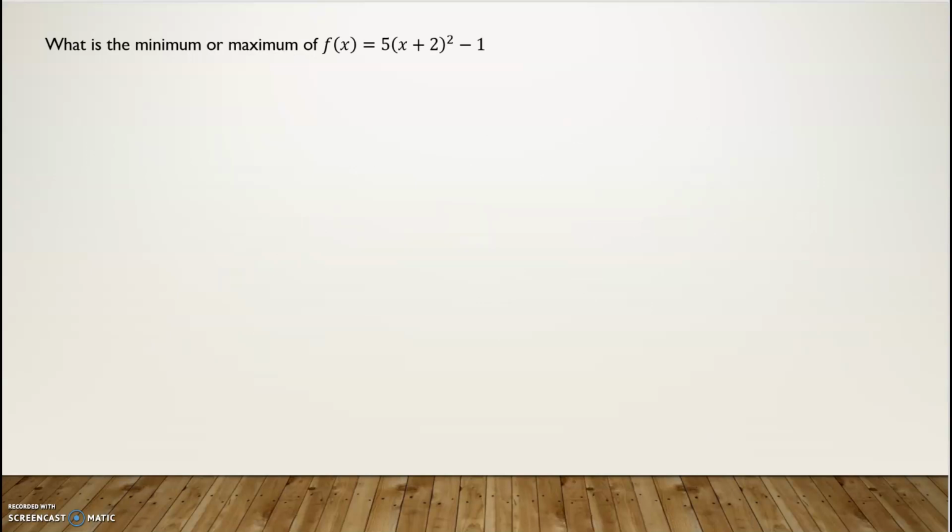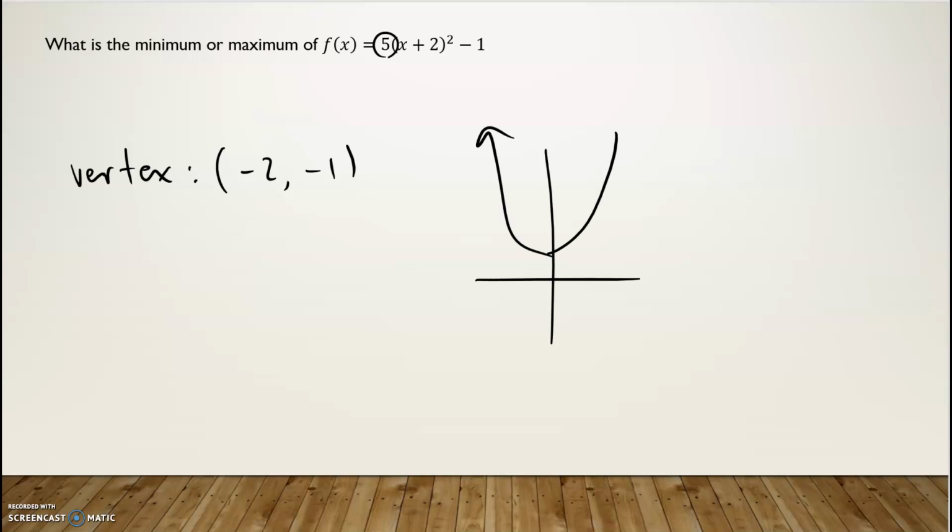So we need to find our vertex. Okay, so we've got a positive inside the parentheses, so that's going to be a -2 and -1. This is a positive, so it's going to be opening upward like this, so that means that we have a minimum value for our vertex.